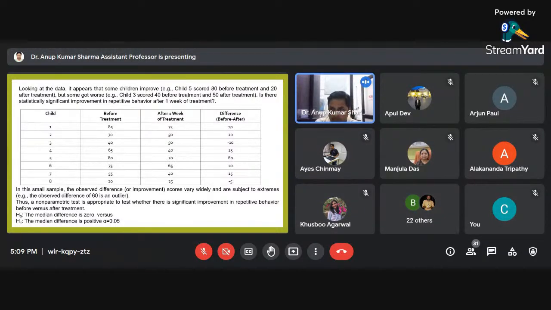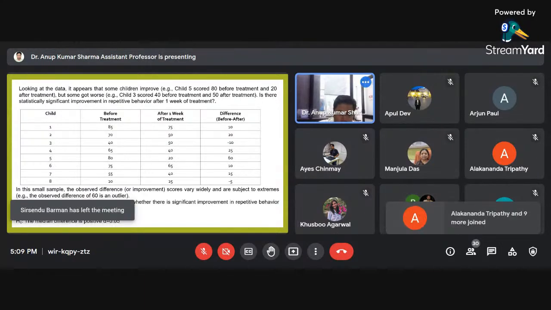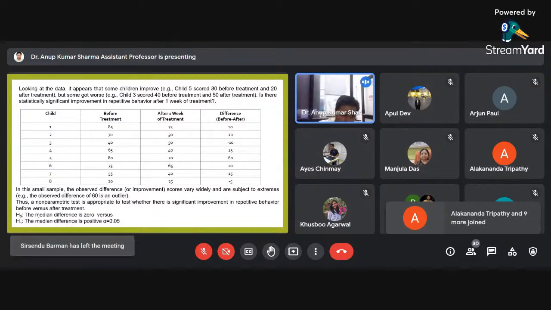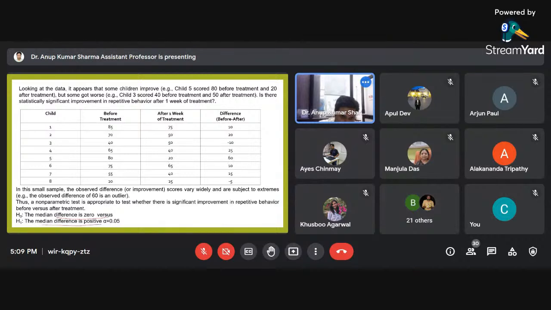So we subtract, 85 minus 20, a positive value. But we take only the sign here: the number of positives and the number of negatives. In the same way, here 160 and 65 is considered an outlier. The null is that the median of the difference is 0 versus the difference is positive. Alpha is coming above.